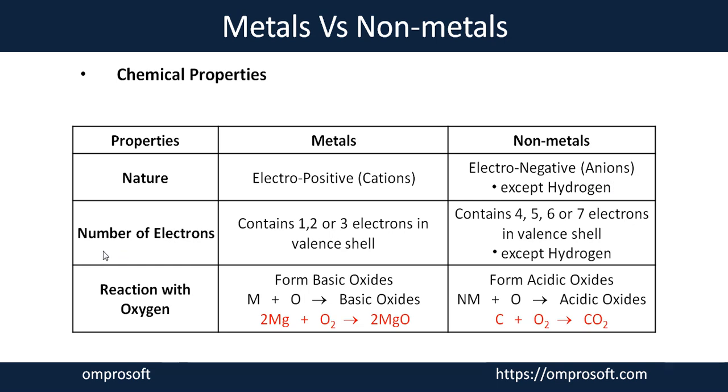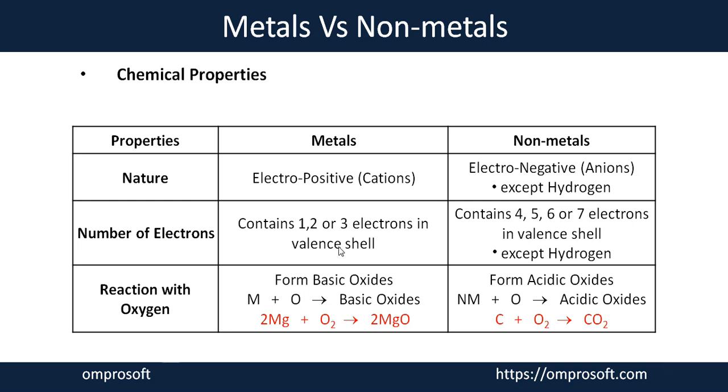The next property is the number of electrons present in the outermost shell, which is also called the valence shell. Some metals have 1 electron, some 2, some 3 electrons in their valence shell. Because as in the first property we discussed, metals are electropositive in nature, so they always give electrons to other elements.